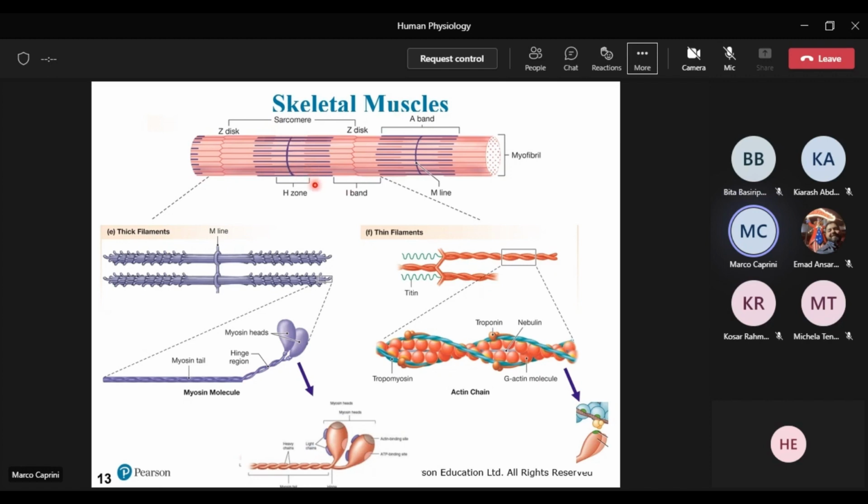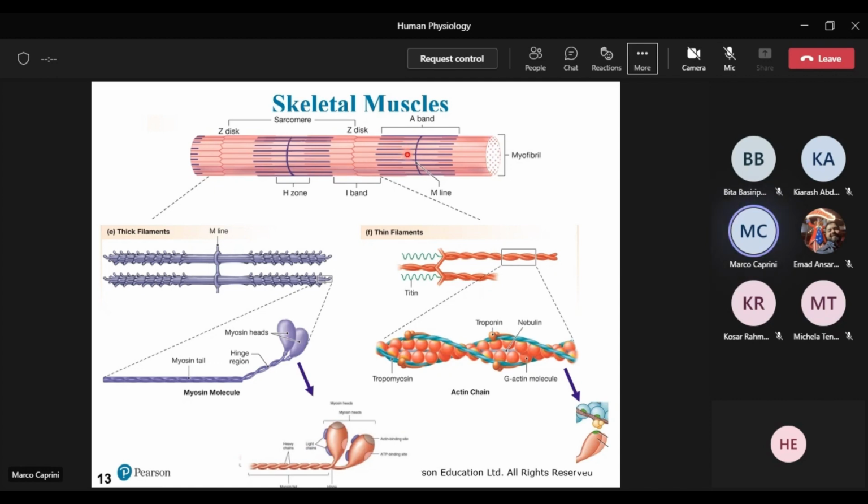Can you tell me what is a sarcomere and how a sarcomere is constructed? And you just have to show me by drawing a sarcomere like this one. Because if you understand how a sarcomere is constructed, for sure you know how the sarcomere can contract. Okay, so as we said before, myofibrils are muscle fiber contractile structures that are composed of different types of proteins. And you can see here all the proteins that we already analyzed before. One muscle fiber can contain 1,000 or more myofibrils that occupy most of the intracellular volume.